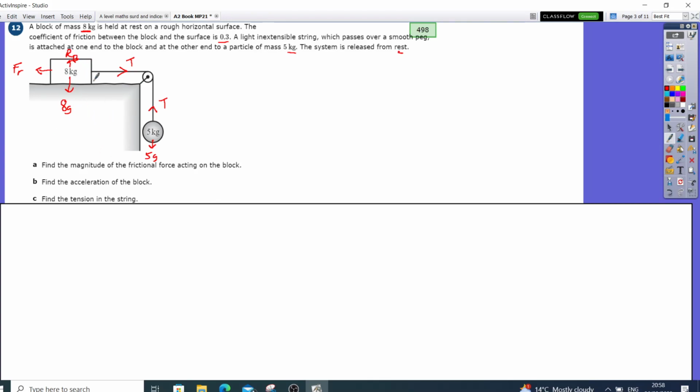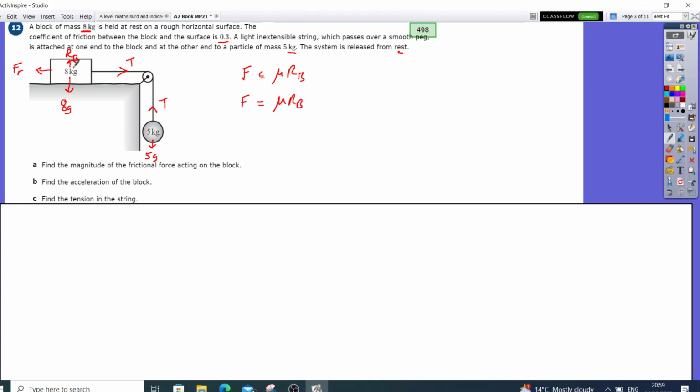Okay, so we've got all these forces happening. Now the reason we need this is that when we're working with friction, friction is less than or equal to mu times the contact force, in this case RB. Because it's released from rest and there's going to be motion, friction is going to be active, and when friction is active it's at its maximum, so it's mu times RB.